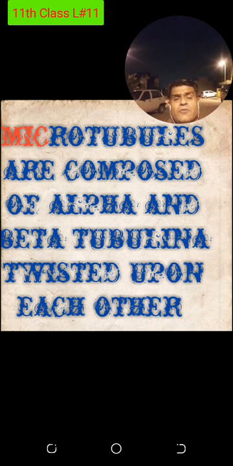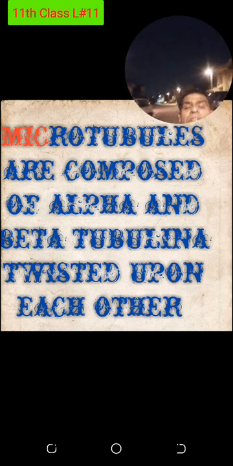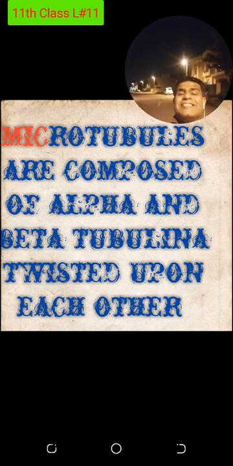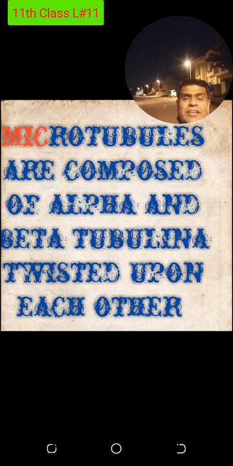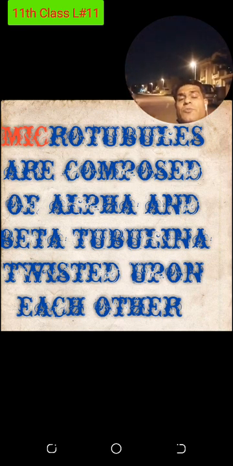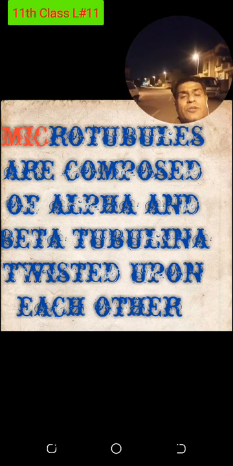How many types of tubulins are present? Two types of tubulins are present in the microtubule. Is there any difference between the composition of the cilia and this one? No, that is the same microtubule. Is there any difference with the spindle fibers which are present in mitosis, meiosis? They are composed of microtubules also.